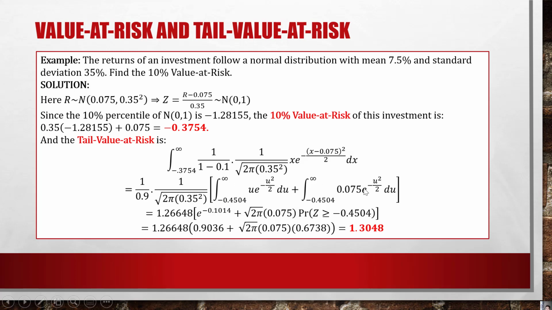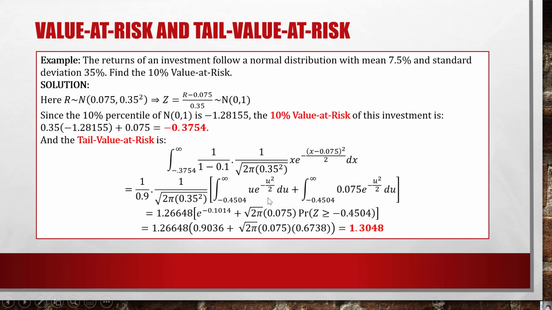And we separate them into two different integrals. One is u e to the negative u squared over 2 du, and the second one is 0.075 e to the negative u squared over 2 du. Just derive this on paper, you will get the same result.